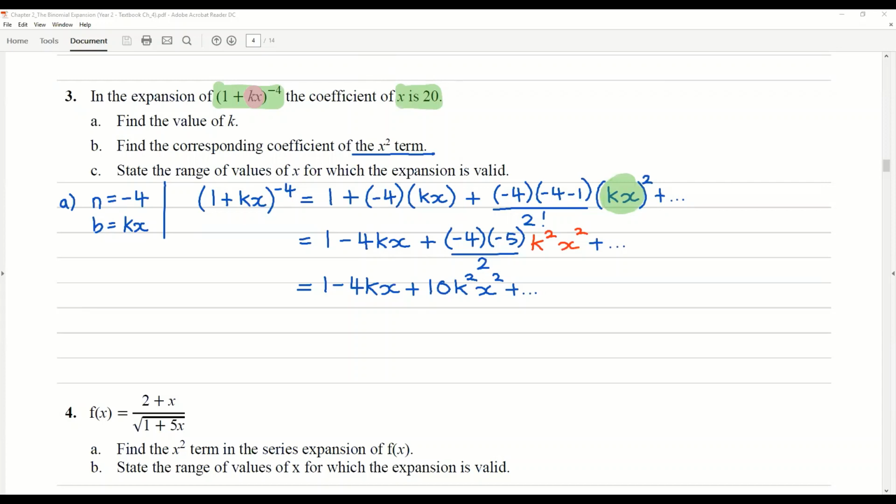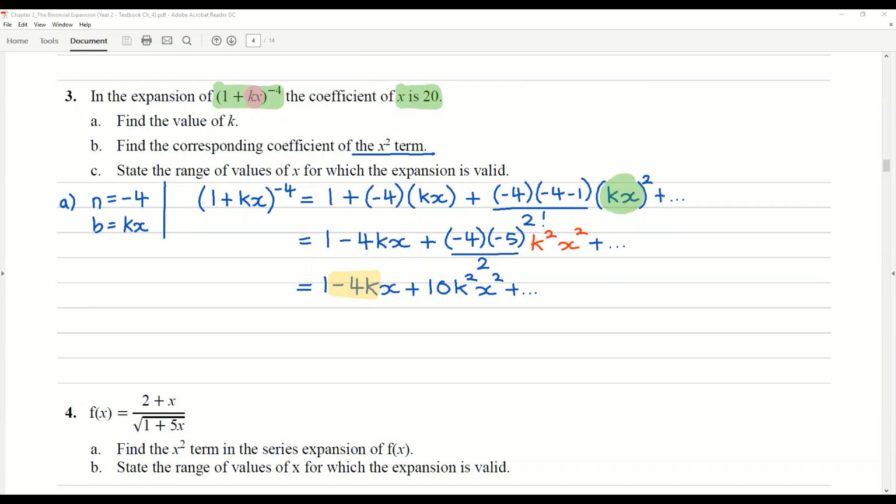All right, so are we ready to find the value of k? Well, I think so. So we're told that the coefficient of x is 20. Now, the coefficient of x is all this, including the negative sign. All right, it's the amount of x you have. So we can write down an equation now.